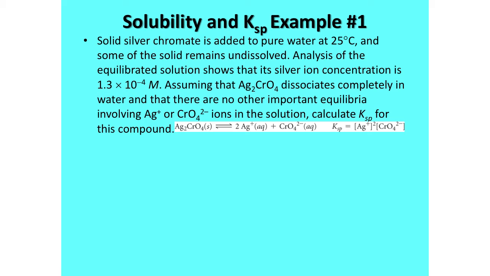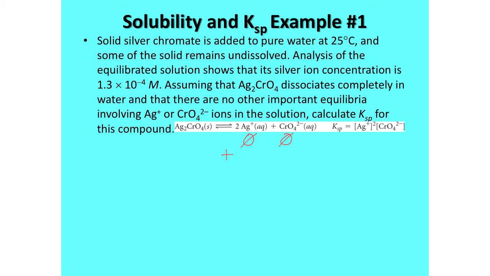So here is our reaction showing the silver chromate dissolving, and the K expression is already written out for us. So if it's helpful, we could do an ICE chart here. So we're going to start with none of my ions because this is not a common ion.